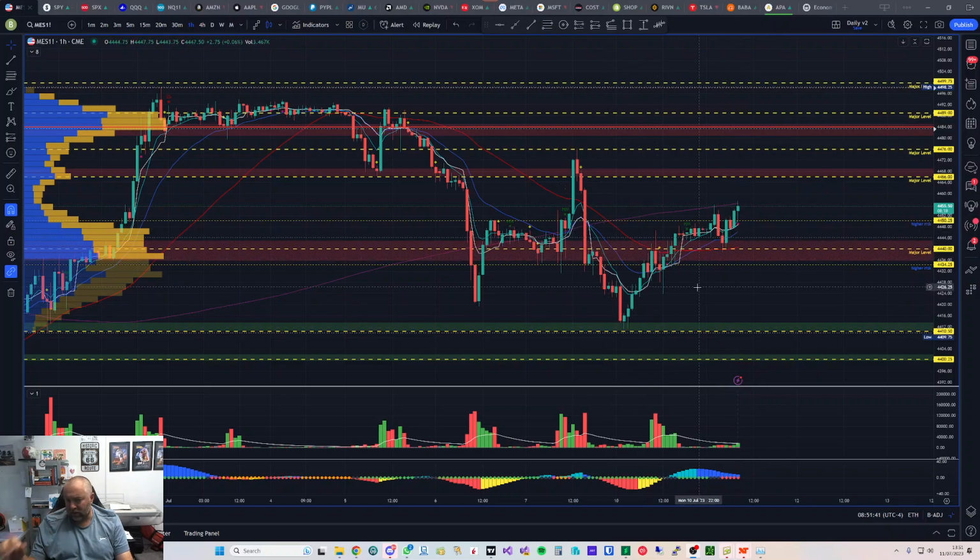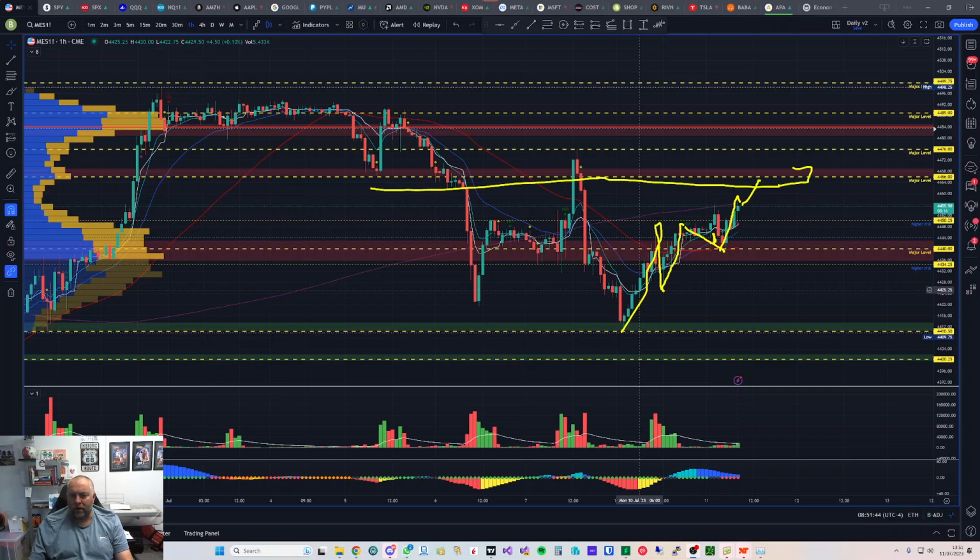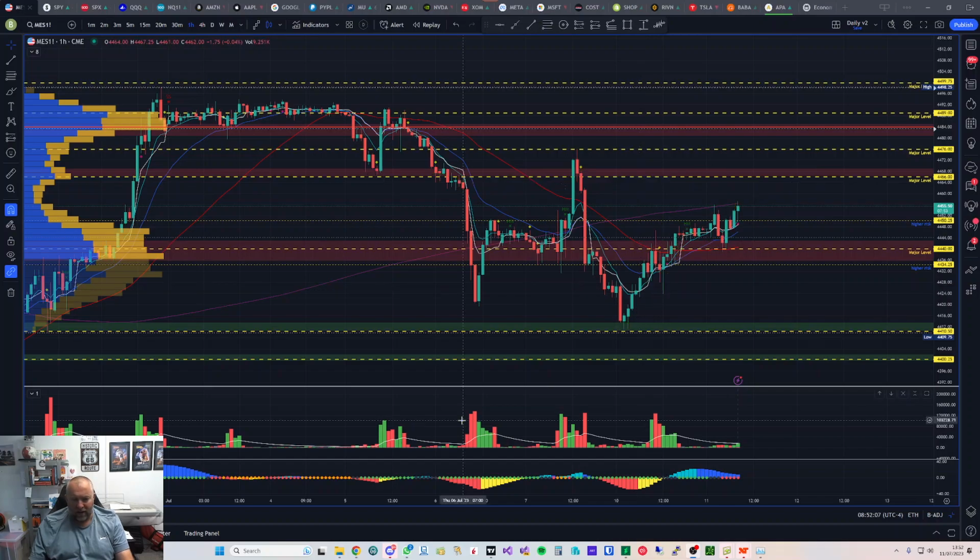So my bias for today is going to be an uptrend, and that's only because we've got this higher high, higher low, higher high, another higher high. We've got a series of higher highs and higher lows in an uptrend, and it brings into play probably this area here at 44.68, a previous area we've looked at before.